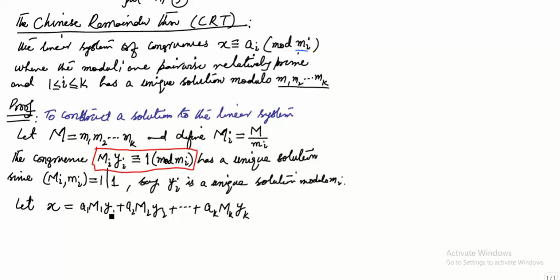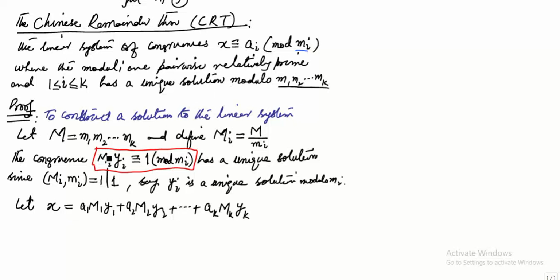So now we have to show that this value x is the solution of the system. It means this value satisfies all congruences in the system.